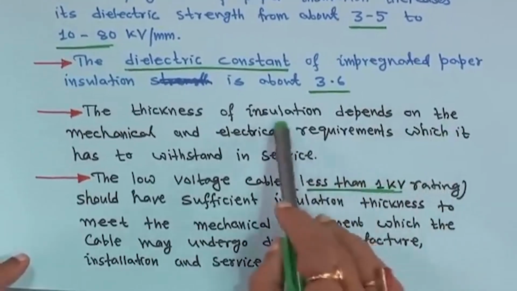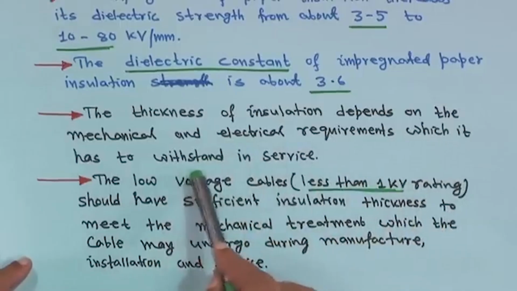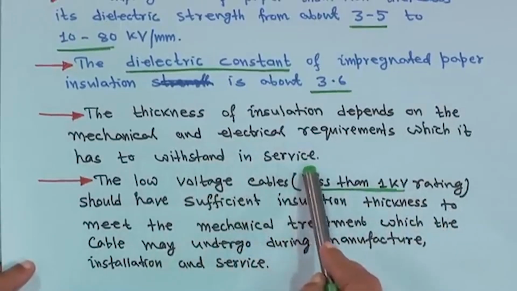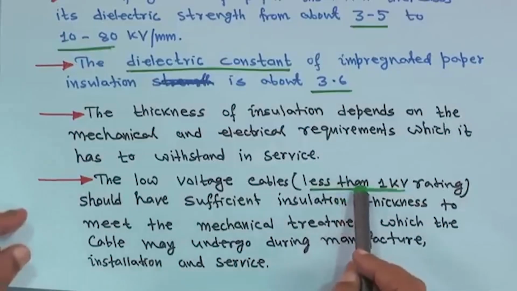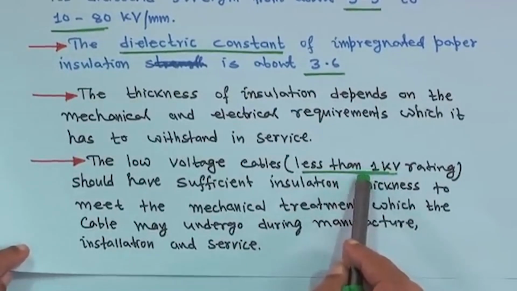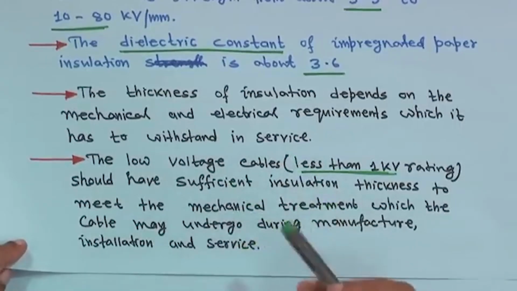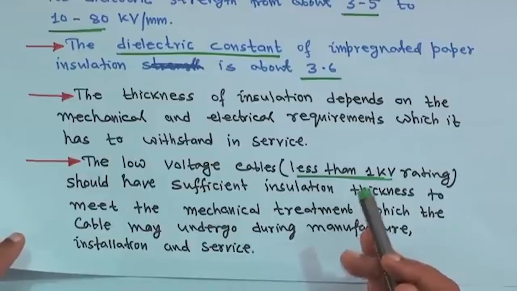Another thing is the thickness of insulation depends on the mechanical and electrical requirements which it has to withstand in service. It depends on the voltage level, and whether you are doing single core or 3 core, right.